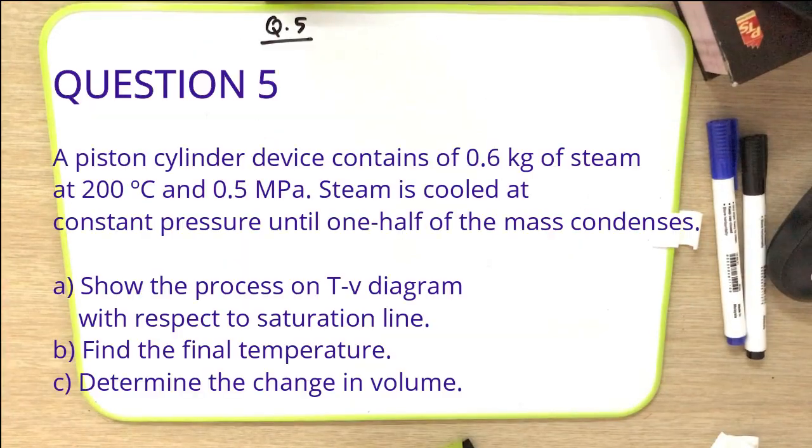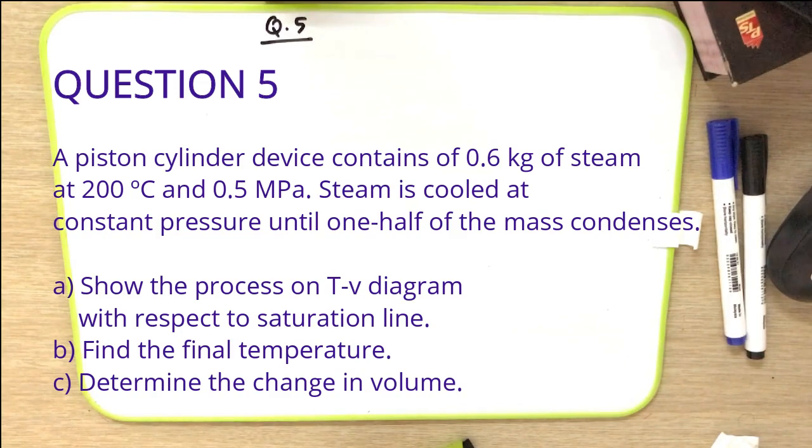Next, question number 5. A piston cylinder device contains 0.6 kg of steam at 200 degrees C and 0.5 megapascal. Steam is cooled at constant pressure until 1/2 of the mass condenses. A. Show the process on the T-V diagram with respect to the saturation line. B. Find the final temperature. C. Determine the change in volume.